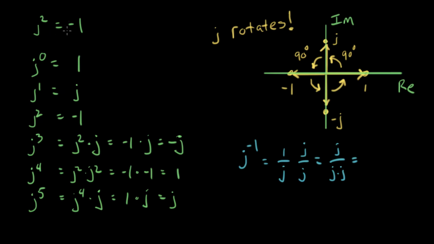We wrote it down right here. j squared is minus 1, so this equals j over minus 1, or equals minus j. So whenever we see j in a fraction, j to the minus 1, basically it introduces a minus sign and the j comes up to the top out of the fraction. So j to the minus 1 equals minus j. And we'll use that occasionally to help us in our math.